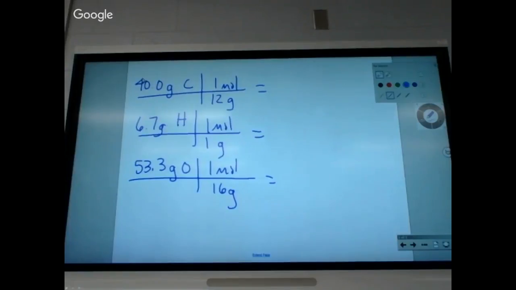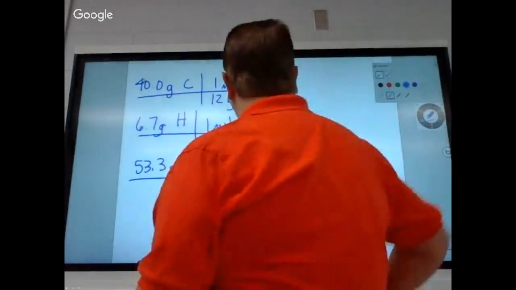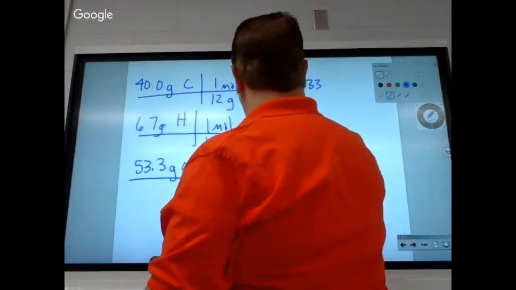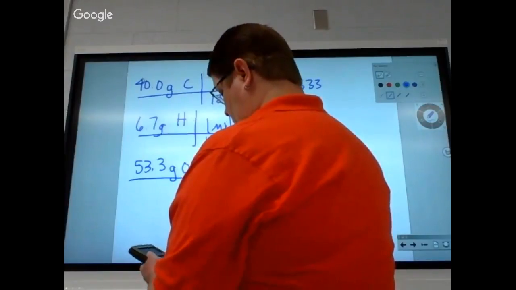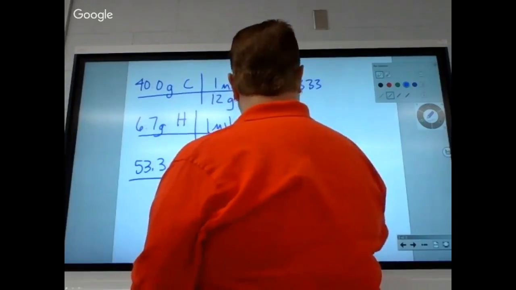All right. So 40 divided by 12 is 3.33, and 6.7. 3.331.